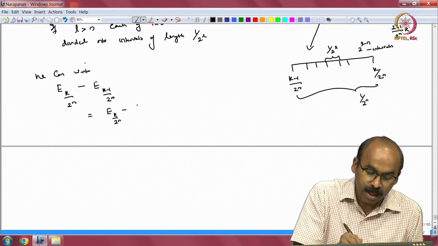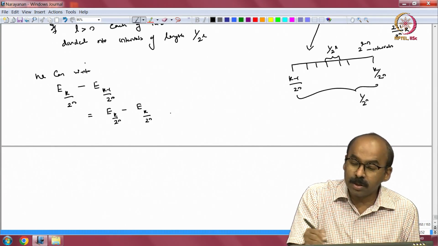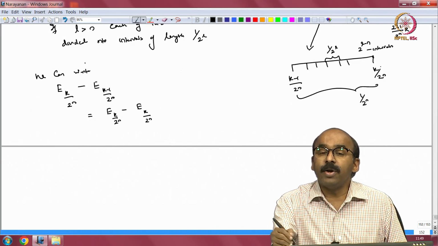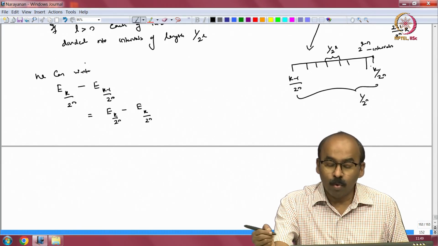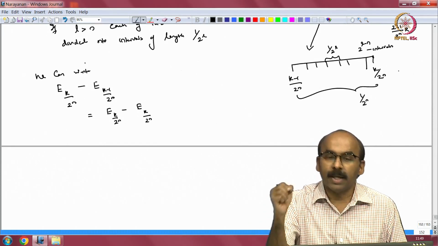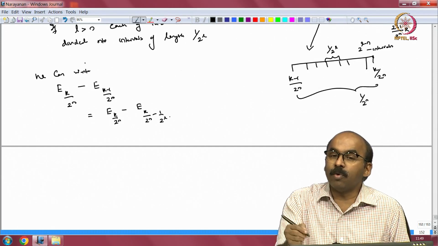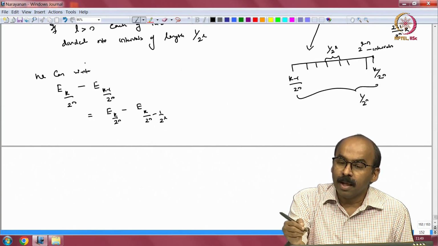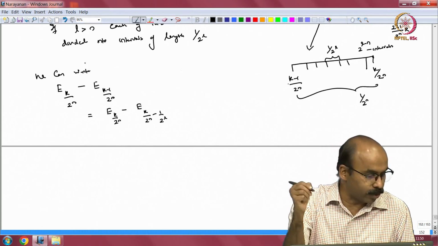So, this is E of k by 2 to the n, that is one end point. Once I divide into intervals of length 1 by 2 to the L, the next end point would be whatever is on the right hand side minus 1 by 2 to the L, and left of that you again subtract 1 by 2 to the L, and so on until you reach k minus 1 by 2 to the n.